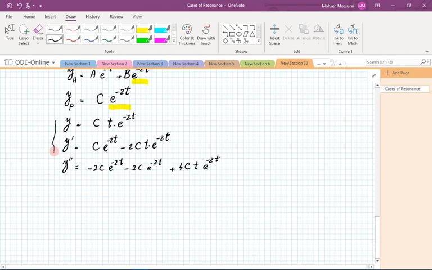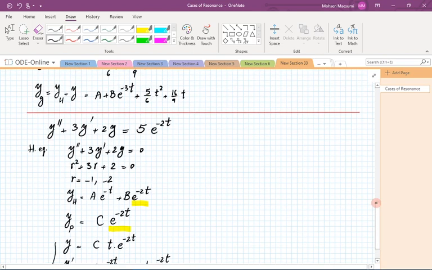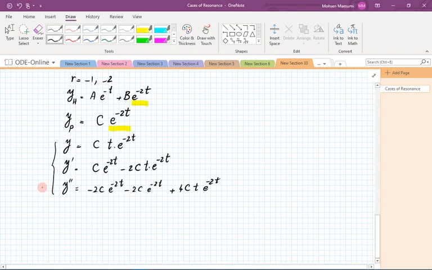Okay, now I have to combine these. How do I combine it? According to the recipe we had 1, 3, and 2. So I'm going to take 1, 3, and 2. So one of this, notice that these two double up, so that is just minus 4c exponential of minus 2t. It always happens like that. Plus 4ct exponential of minus 2t.